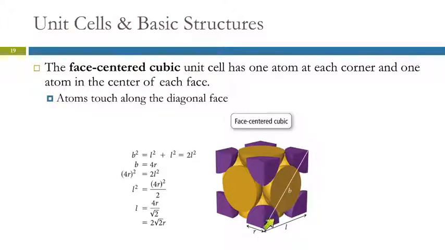So here we have the atoms touching diagonally along one face of the cube. So the calculation here is a little simpler, but it's still not very nice. The length of one side is 2 times the square root of 2 times r. And I don't expect you to remember that sort of thing.